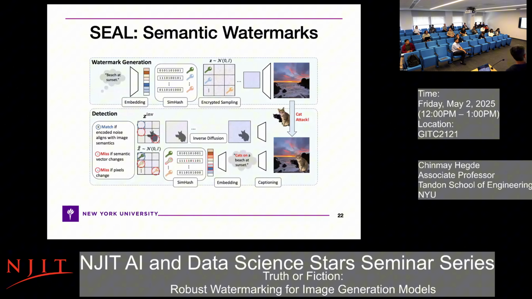Here's again, I'll show the picture and then maybe walk people through it. So imagine the prompt: I want to get an image of a beach at sunset. That prompt has some semantics. So we can encode the prompt using an embedding model, something like BERT or pick your favorite language model, right? So we get an embedding of the prompt. And now I generate a random key which is close to this embedding.